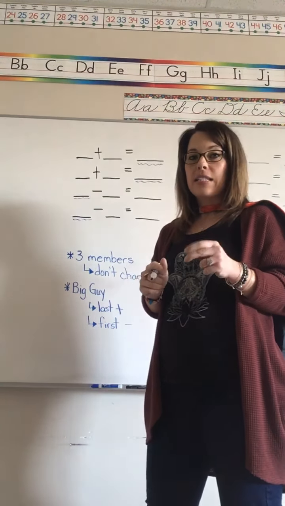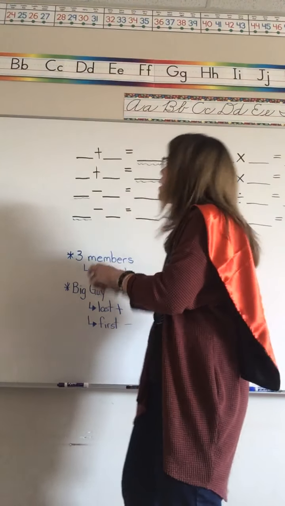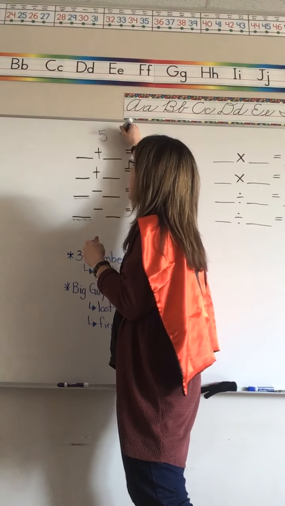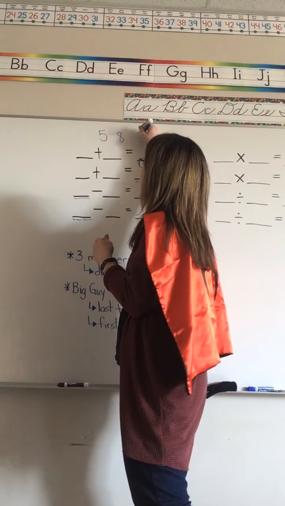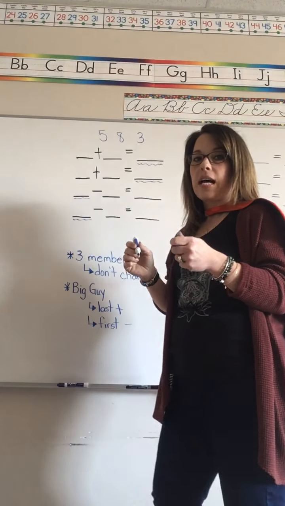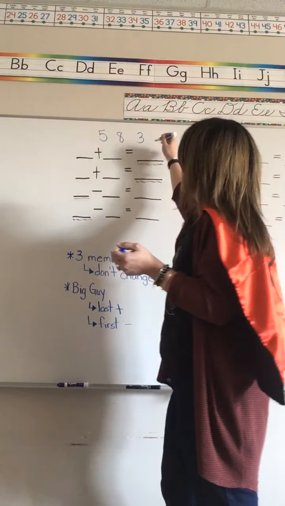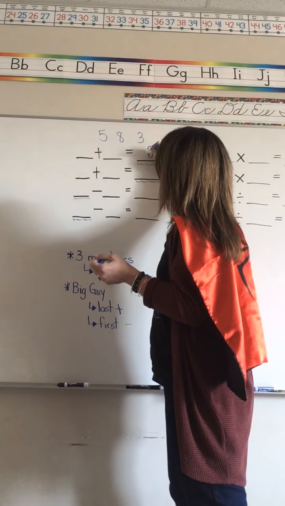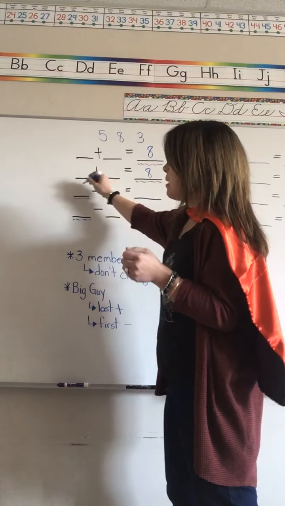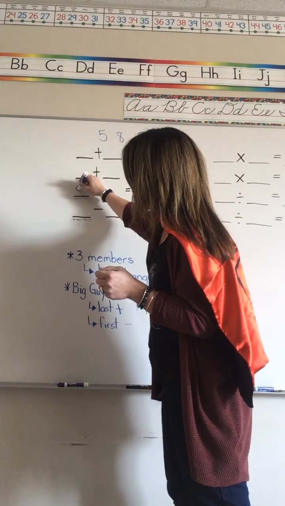So let's practice. Let's pretend that we had 5, 8, and 3. So we know the big guy goes last. Who's our big guy? 8. You're right. So 8 would go last in both of our adding, and he would go first in both of our subtracting.